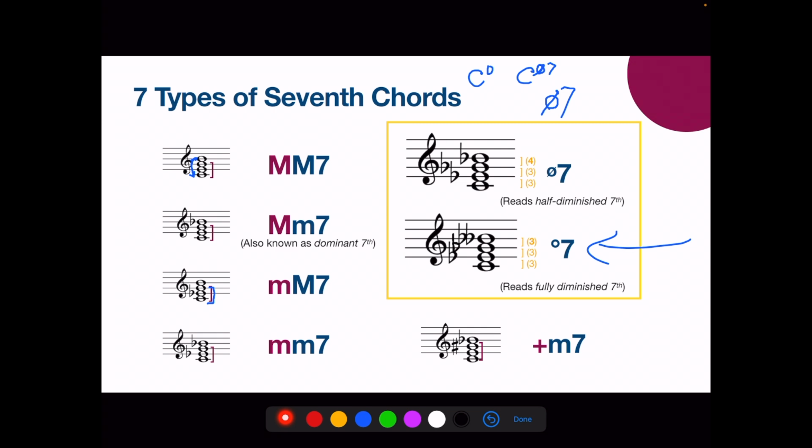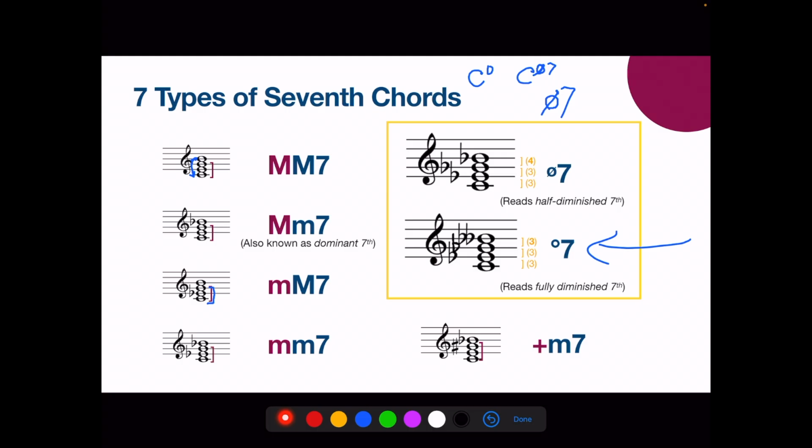And now we have one more, which is an augmented minor 7th. So augmented is basically 4 half steps and 4 half steps, right? So from C, E to the G sharp, these are 4 half steps apart. So from C, 1 2 3 4, that gets you to E, and from E, another 4 half steps, 1 2 3 4.